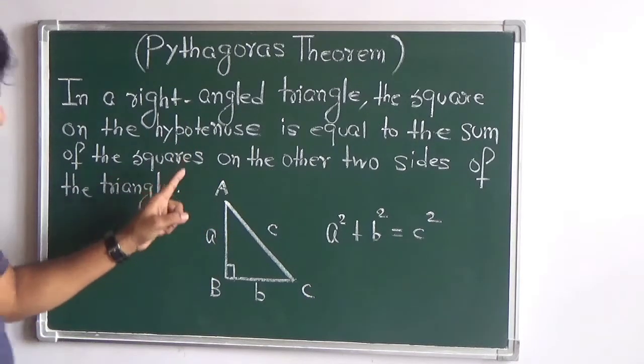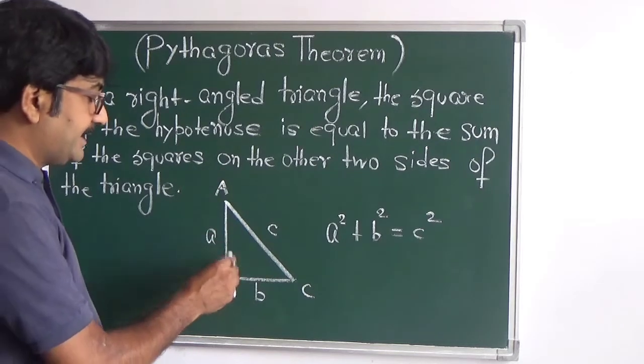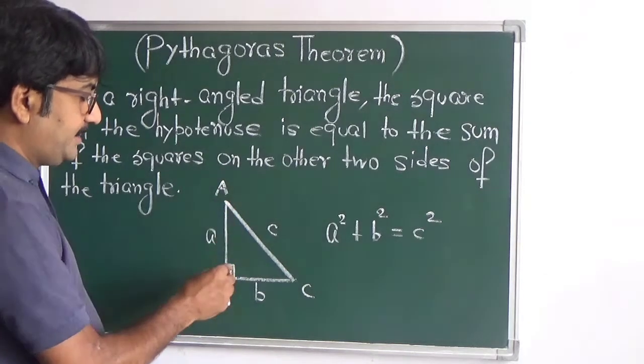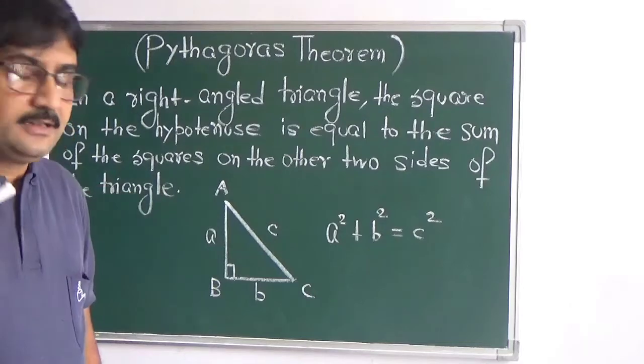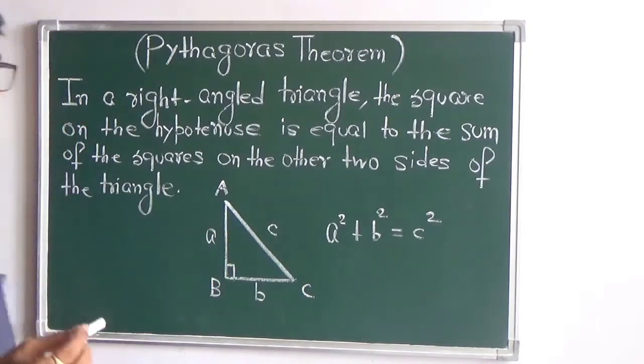Now let us consider the triangle ABC, which is a right angle triangle. Angle B is a right angle. Now the sides AB and BC are perpendicular to each other. That means these are the two sides which contain the right angle, that is the angle B, which is 90 degrees.